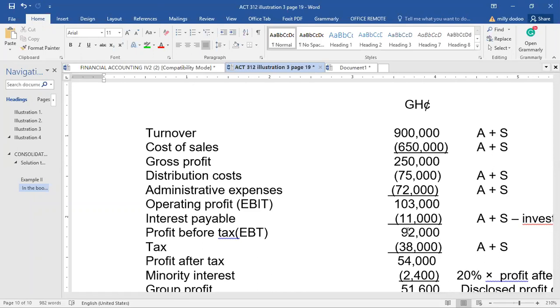No, you were not told anything about investing in debentures of S. Assuming the question told you that S has issued debentures and acquirer has invested 40% in them, then we would find 40% of S's interest payable and take it out from here.